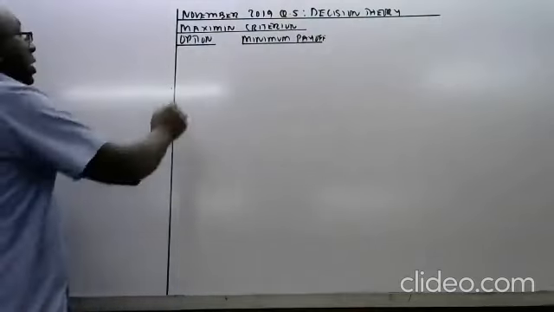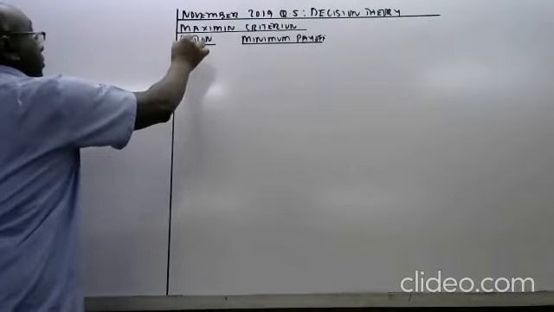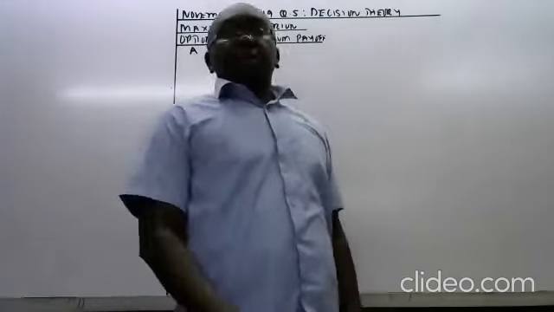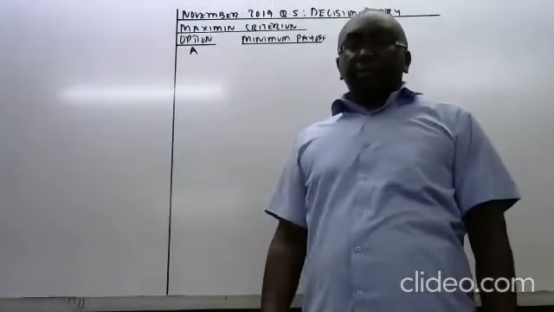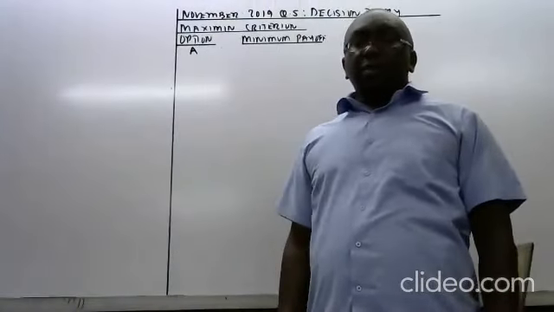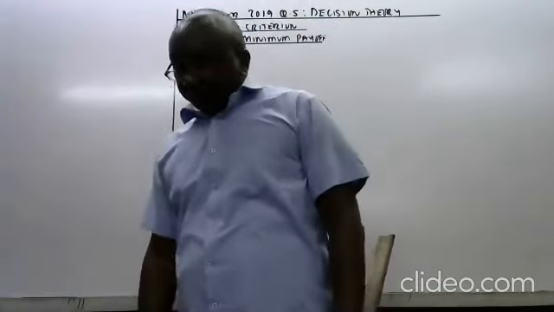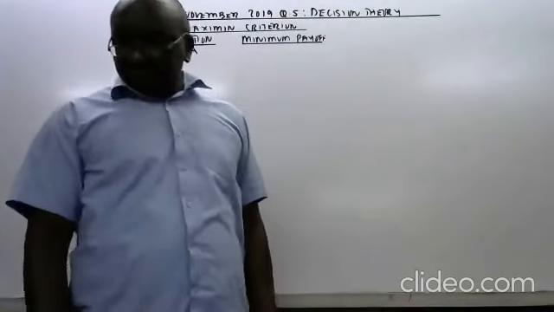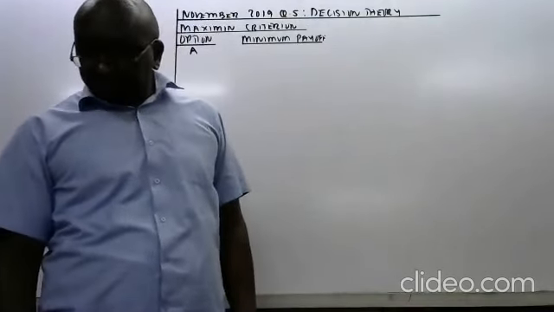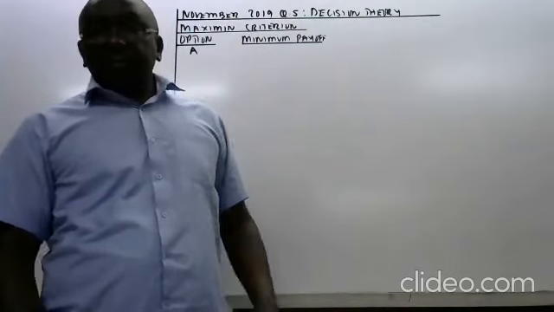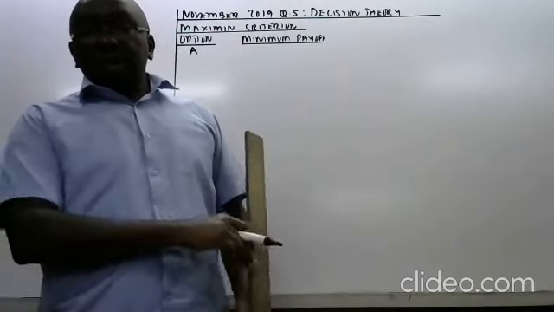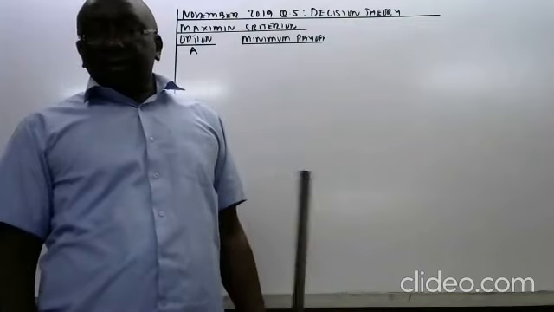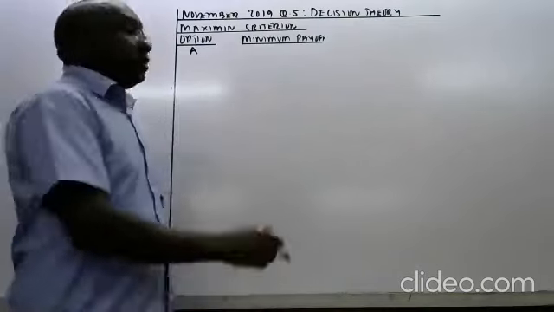So the first option is A. Look at the payoffs in A and tell me the minimum of those payoffs. The minimum is minus 12.